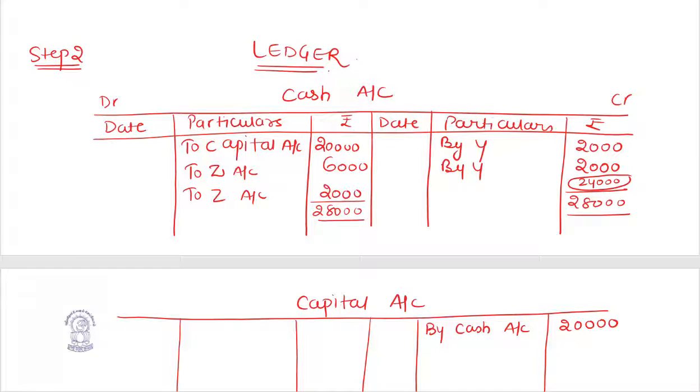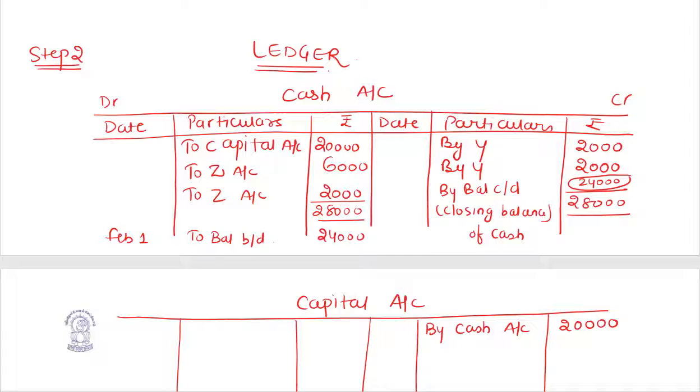This 24,000 will be the balancing figure. We will write by balance carried down. That is the closing balance of cash. This closing balance 24,000 will be the opening balance. Over here we will write February 1 to balance brought down. This is January.